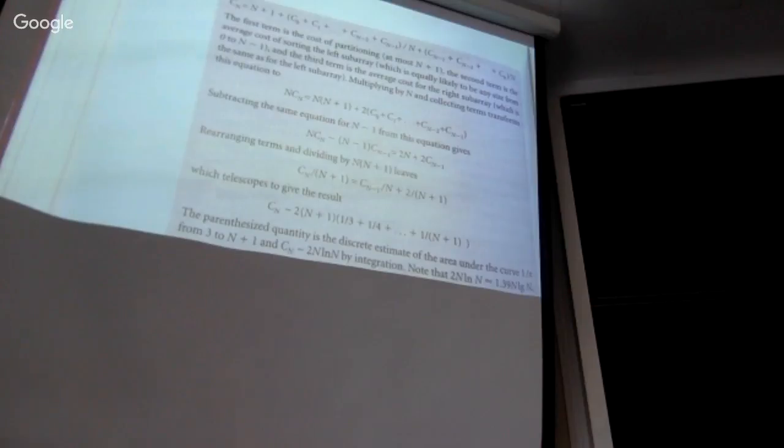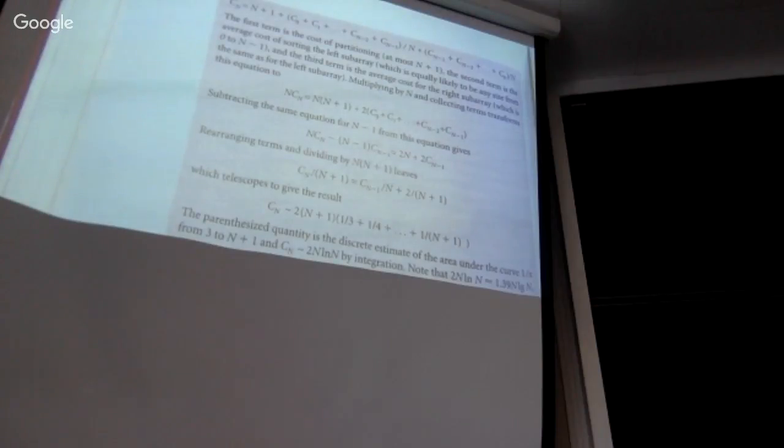Okay. The second term, that's C0 plus C1 plus up to Cn minus 1. So it's the sum of those divided by n. The book claims this is the average cost of sorting the left subarray. We're looking at the average. Can you see that it's an average?